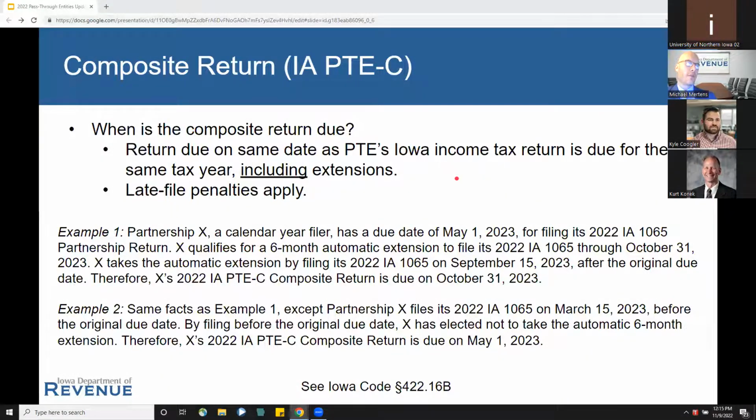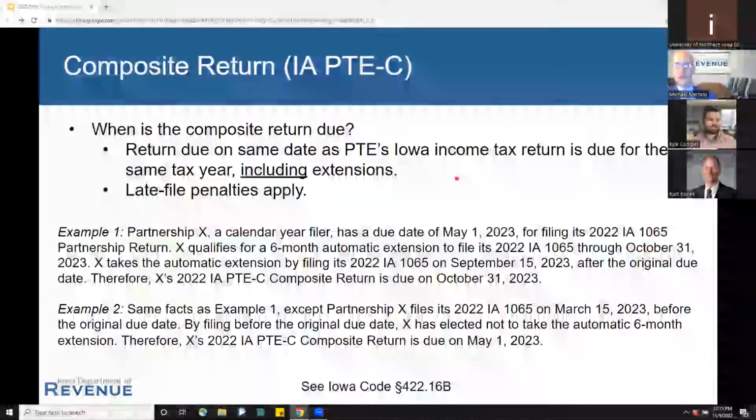Therefore, the partnership's 2022 composite return is due on May 1st, 2023. This will take some getting used to, tracking the composite return due date being tied to the pass-through entity's income tax returns.